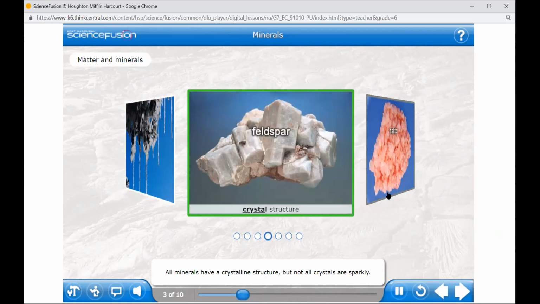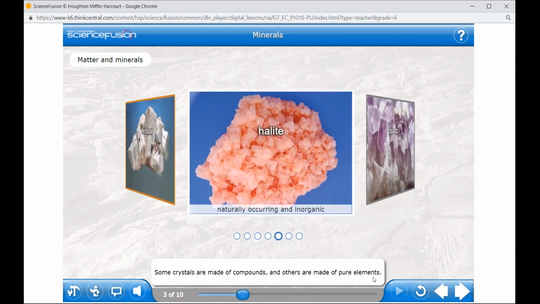All minerals have a crystalline structure, but not all crystals are sparkly. The building blocks of crystals are arranged in a repeating 3-dimensional pattern. Some crystals are made of compounds, and others are made of pure elements. Thus, the arrangement plays a major role.